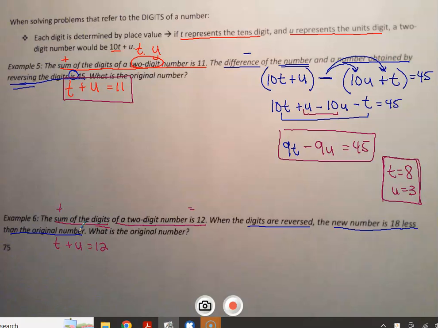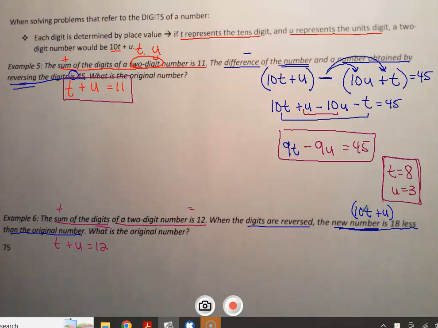Okay, so again, now we're talking about numbers. The first one was only talking about the digits. This one says when the digits are reversed, the new number. So that means we're going to have 10t plus u. That's the number. Is 18 less?